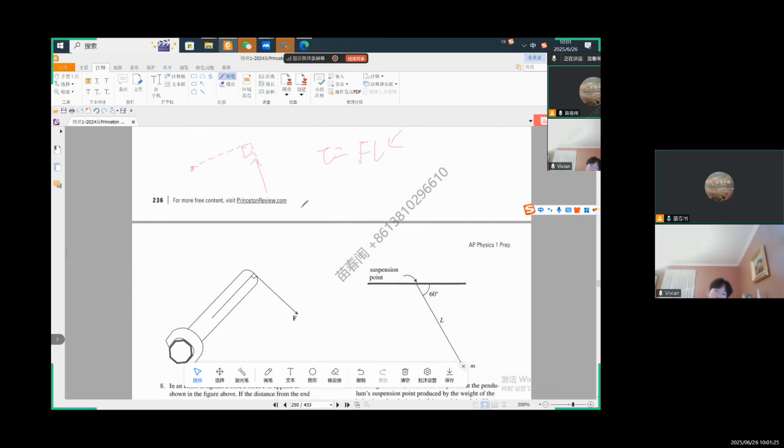So for example, if this is the case, you have to find the action line and then make a perpendicular distance. So this one is the perpendicular distance. Or you can also remember this: obviously this r is not the perpendicular distance. R times sine theta is the perpendicular distance from the pivot to the action line.